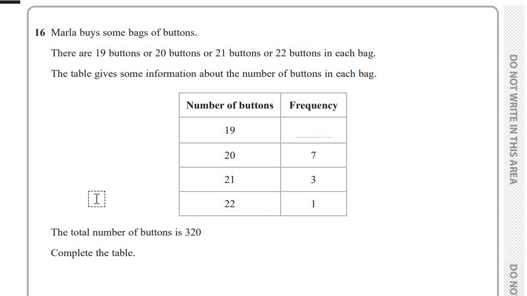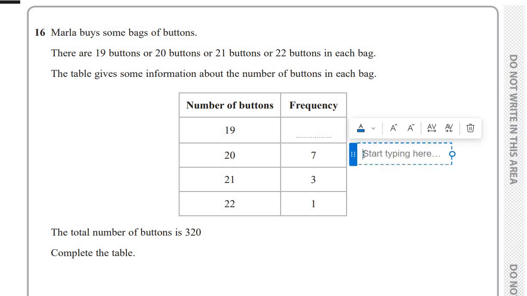So, this is a frequency table. There are 7 bags containing 20 buttons, so here the total is 20 times 7, and that is 140 buttons.